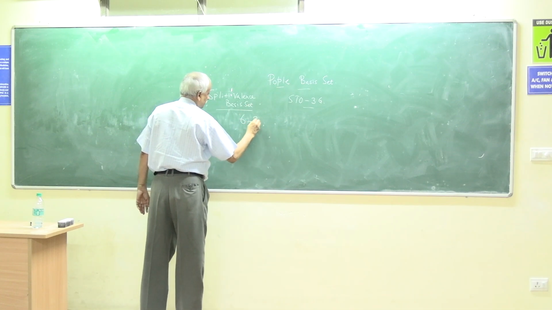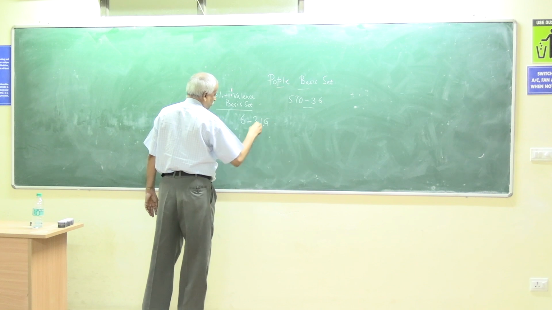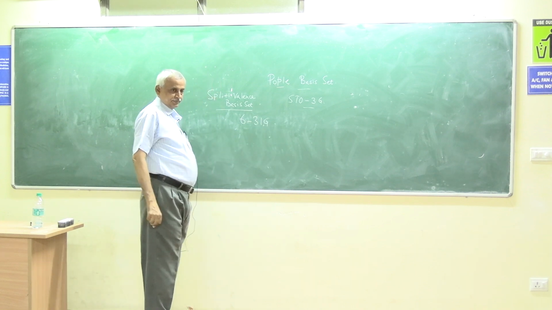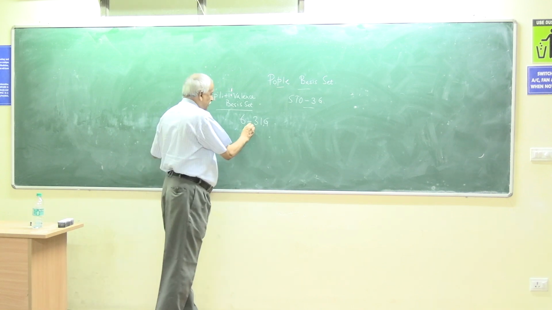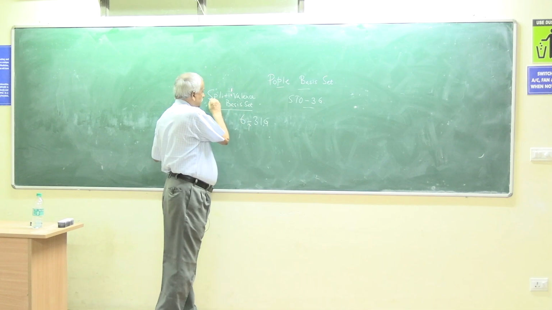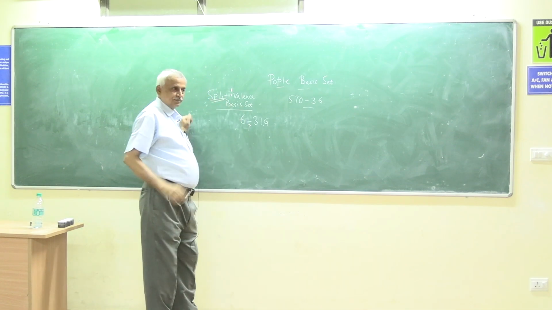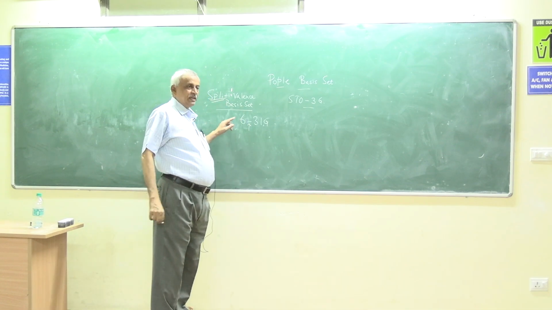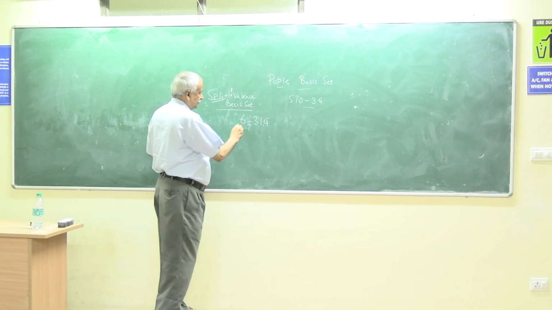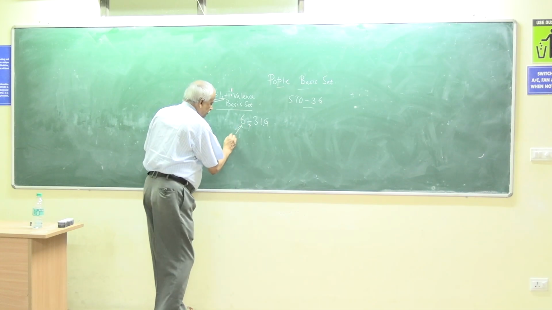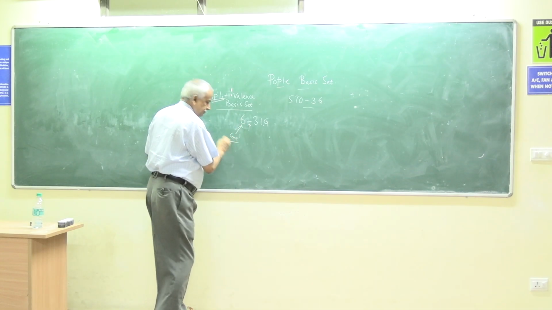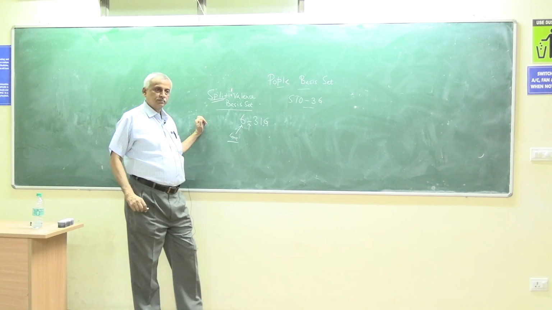So 631G. This hyphen means split. So each core orbital is written in terms of 6 Gaussians. Okay.